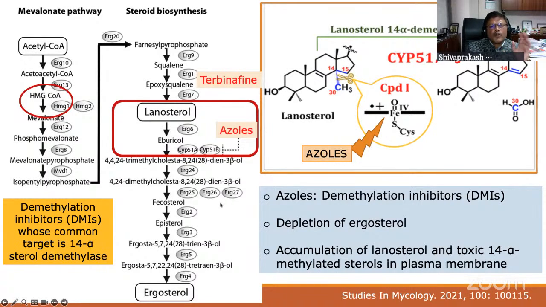The major one which we see is ERG6 or CYP51A, also called ERG11. You should remember these two things. This is the main target for azoles, most of the azoles that are available. In molds we call it CYP51, whereas in yeast we call it ERG11. So anywhere it can be synthesized.